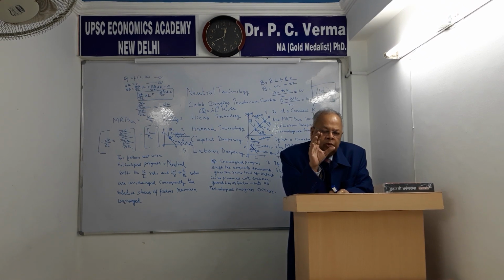So first you must know the concept. If you know the concept, then put the actual equation, and from the actual equation you can find out what will be del Q by del L, del Q by del K, and by multiplying, finally you will arrive at elasticity of substitution. You will arrive at marginal productivity of labor and marginal productivity of capital. So everything is derived by the equation which we have just discussed.